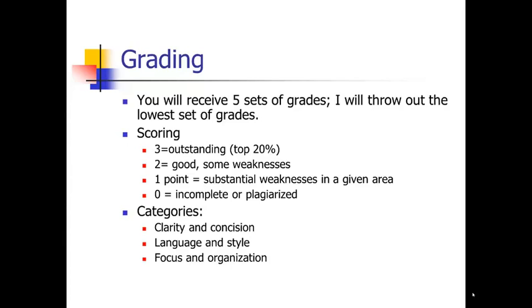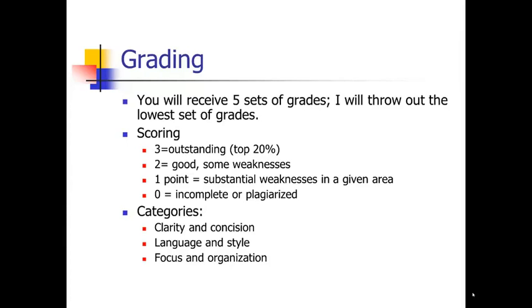If there are major problems with the grammar that make the writing unclear, that will be picked up in this category as well. I don't want you to downgrade your peers for small grammatical errors that don't affect how clear the writing is. We're not going to be picky about small grammar things. We're really looking at whether, overall, the writing is clear and concise.